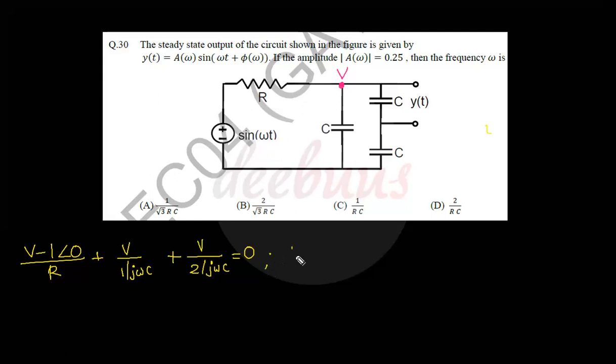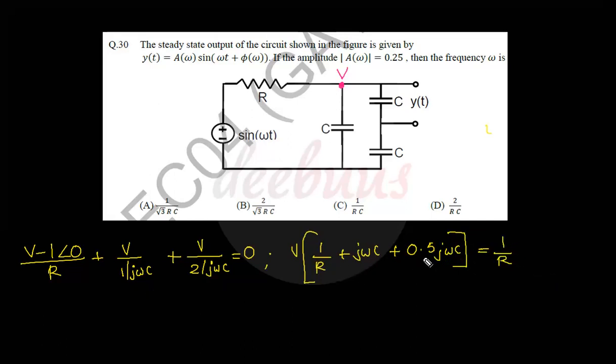Now taking V as common, that is 1 by R. V divided by 1 by j omega C is j omega C. Here V into j omega C by 2, that is 0.5 j omega C, equal to 1 by R.